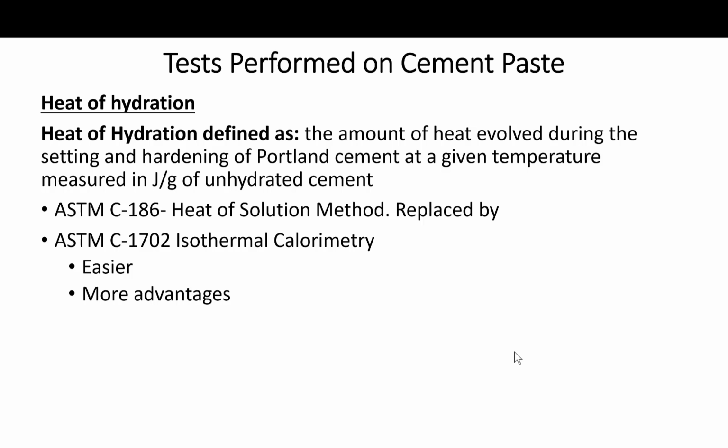It can be executed with low labor input and with better precision as compared to the heat of solution method. Also, the isothermal conduction calorimetry can typically operate at a wide range of temperatures and using different water to cement ratios.